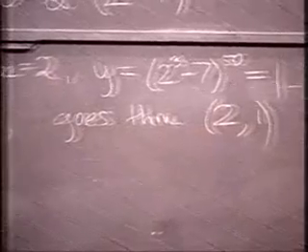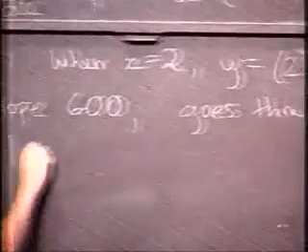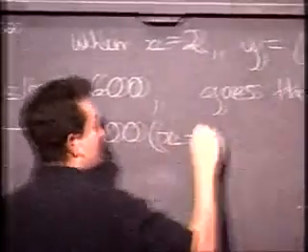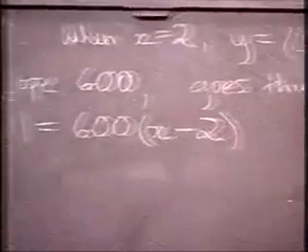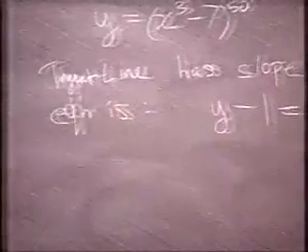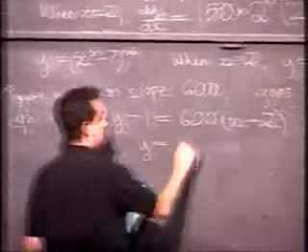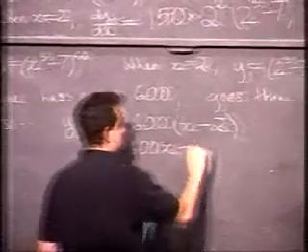And so we can just use the point-slope form: y minus that y coordinate 1 equals the slope 600 times (x minus the x coordinate 2). So the equation, you should write, is that. And you could simplify this, I believe, to y equals 600x minus 1199.